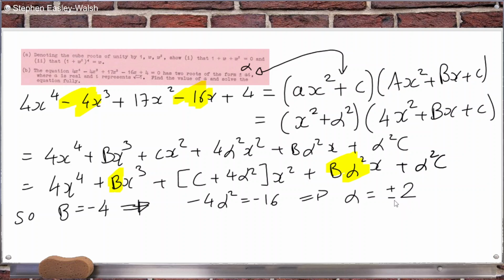Okay. But then if we look at the last one here, 4 has to equal alpha squared times c. So that implies c has to equal 1.